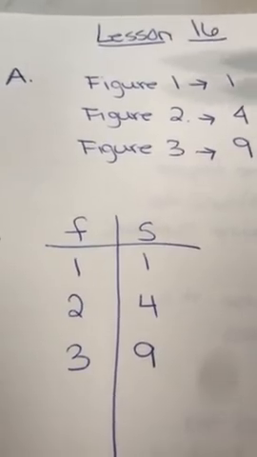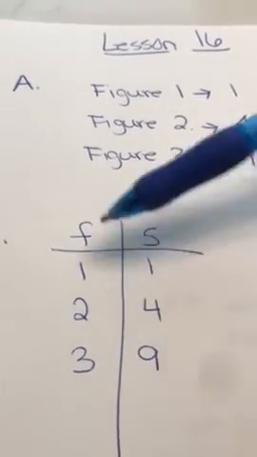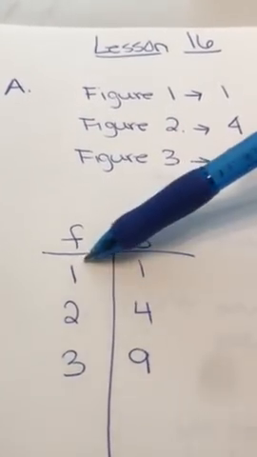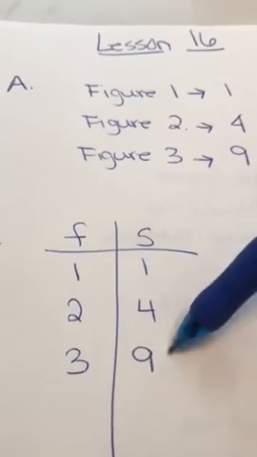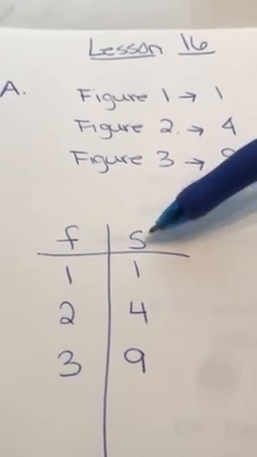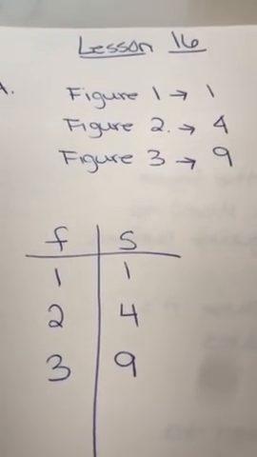Now, while you have this, I want you to think about, again, that rule, that relationship of what is happening between 1 and 1, 2 and 4, 3 and 9. There's something taking place every single time between F and S. Okay, because C is going to ask us what relationship do you see? And that's when we're going to set up our rule.